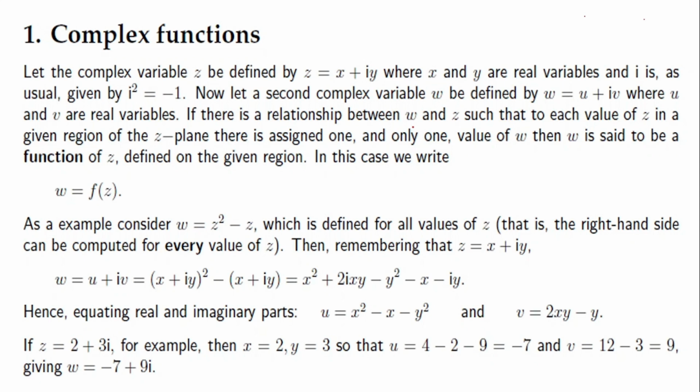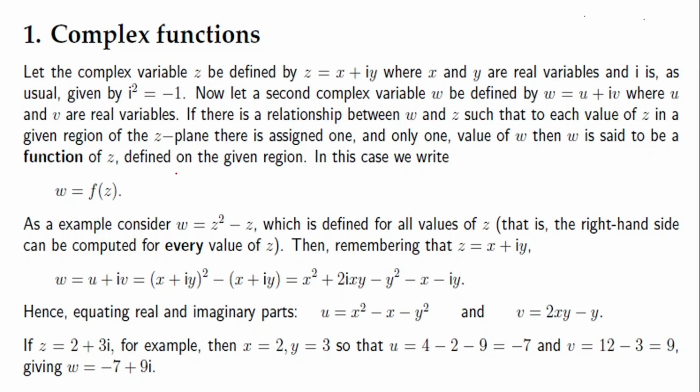We say if there is a relationship between W and Z in such a way that each value of this Z in a given plane is assigned one and only one value of W. That means each value of Z is assigned one value of W. If that is the case, then we say W is a function of Z.